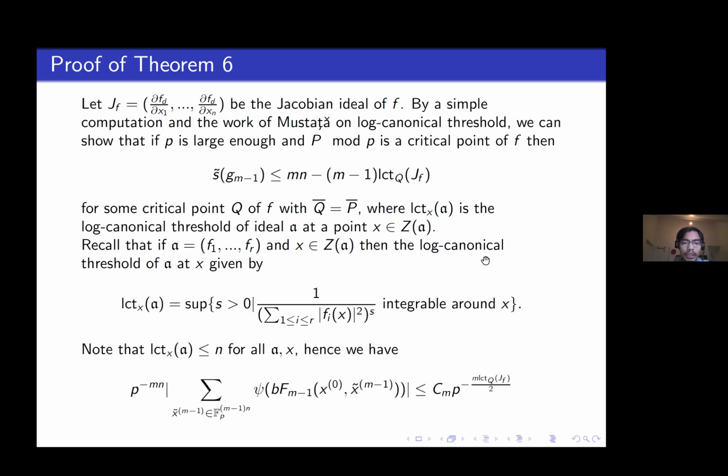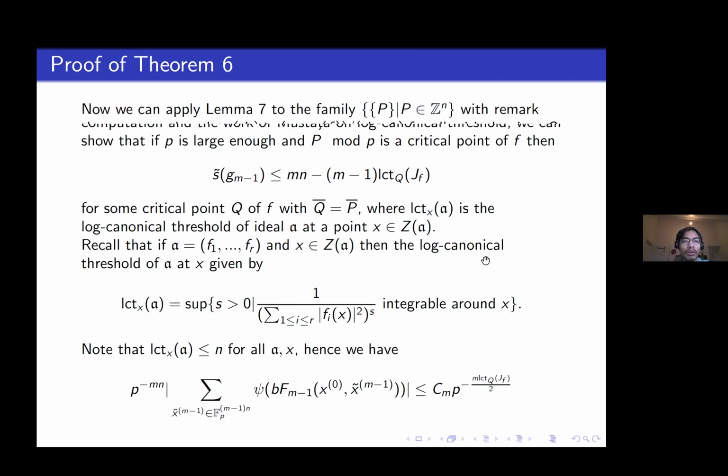We know that by the property of the local threshold, the local threshold of a at x is less than n for all a and x. So we can use it to show the bound for the exponential sum by c_m times p to the power minus m times the local threshold of Jf at q over 2.